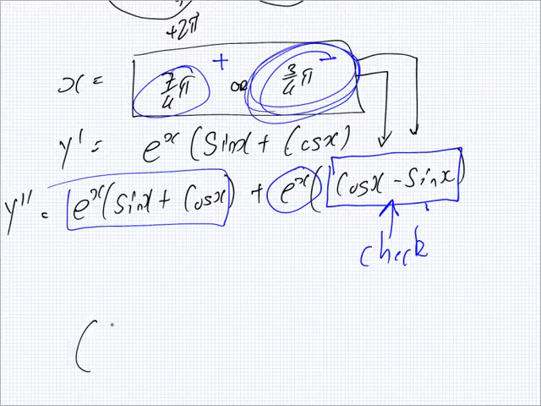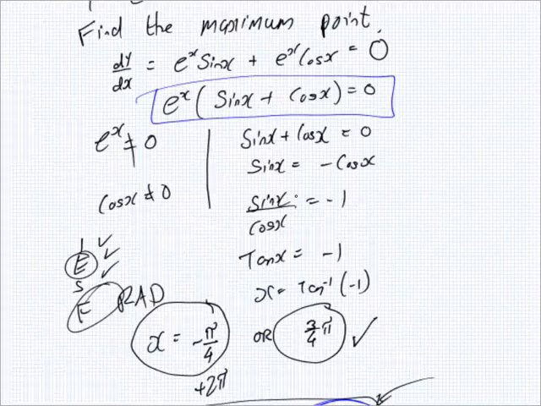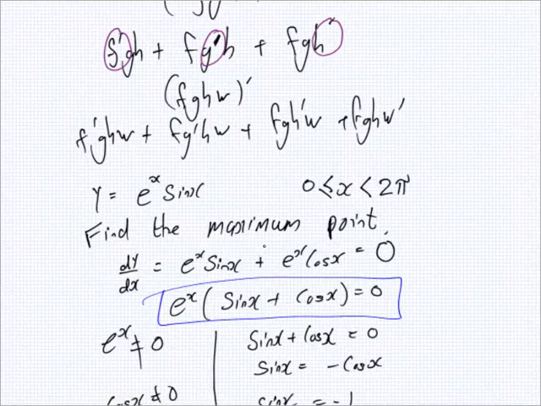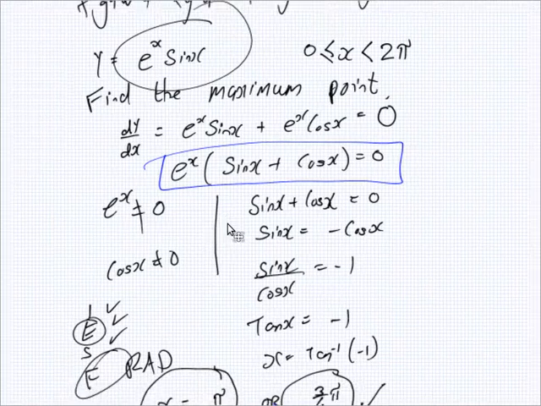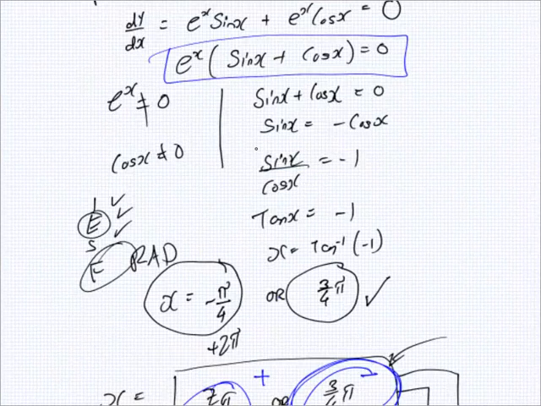Now that's not quite finished, because what am I missing? Well, I said what is the maximum point, so I still need to find the y. No problem. I'll just put my x back in to my formula here for y. And what is sine 3 pi over 4?